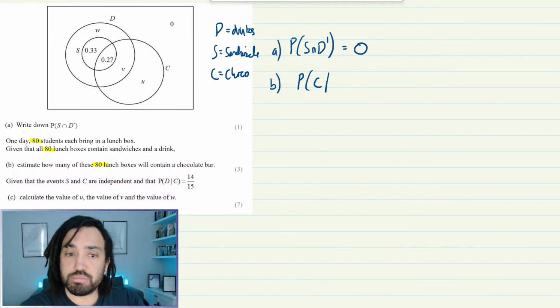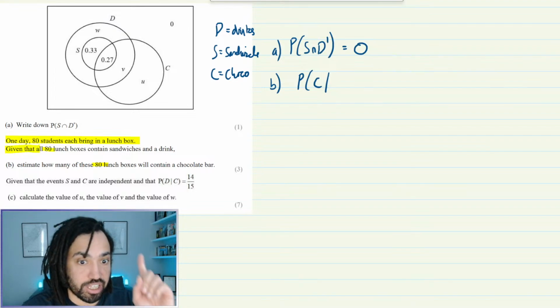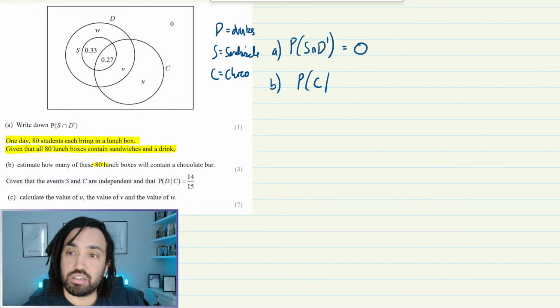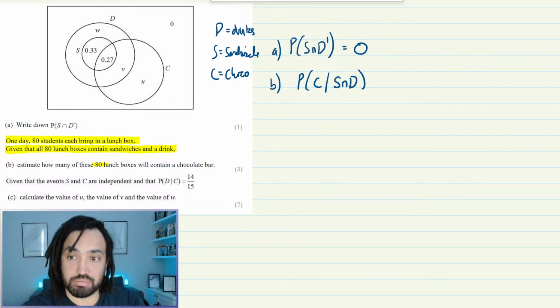Let me read this question a bit better. Actually, sorry, I've got too excited. I wanted to answer it too quickly. 80 students bring in a lunchbox. Given that all 80 lunchboxes contain a sandwich and a drink. Right. So what is given then? What is given is that they contain a sandwich and a drink, like this.